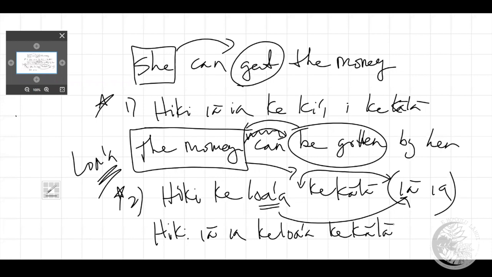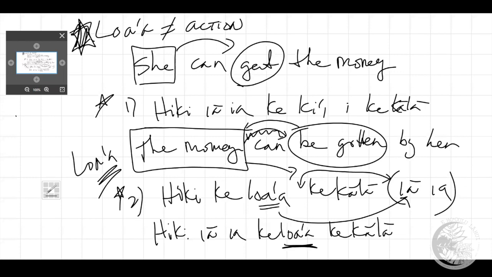But if we pay close attention, again, we should recognize loaʻa is never an action. Let me write this down. Loaʻa is not an action. And I'm going to put a big giant star here. Loaʻa is not an action. Always remember that loaʻa is not an action.